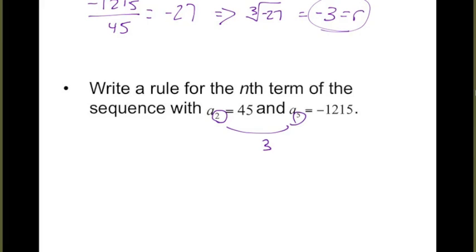So now this becomes like the last problem. And we want to use either one of the 2 points, whichever one you like the numbers for better, and plug them in. So I'm going to use the 45 with the 2.